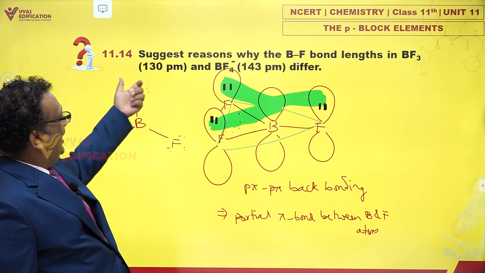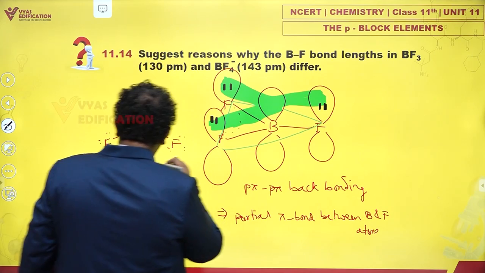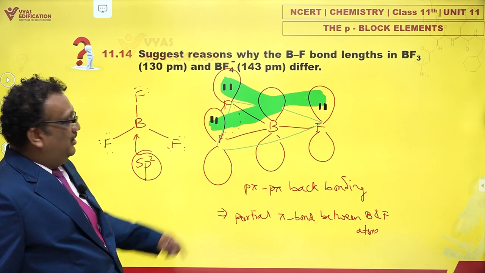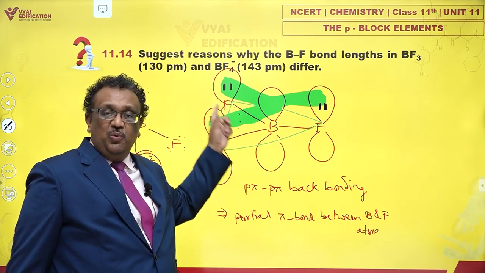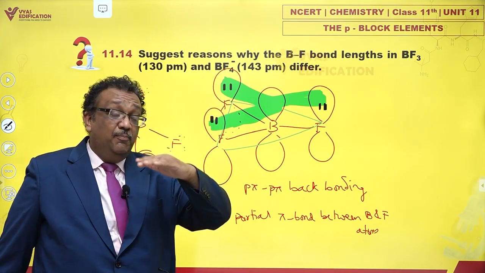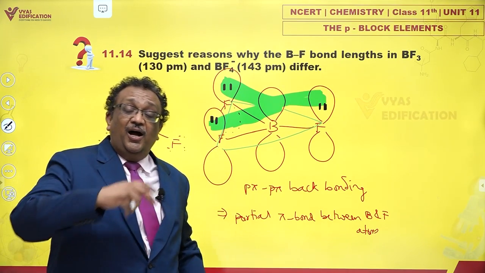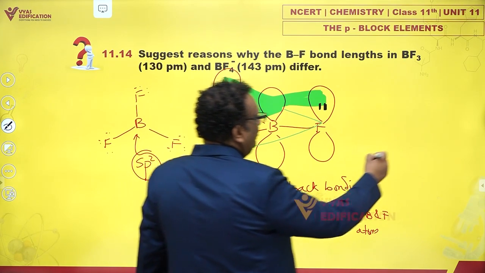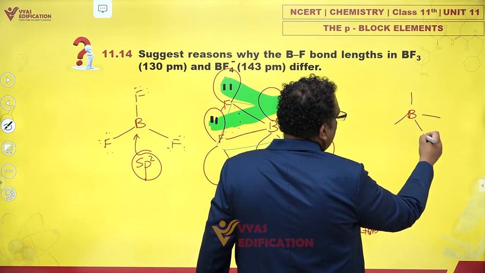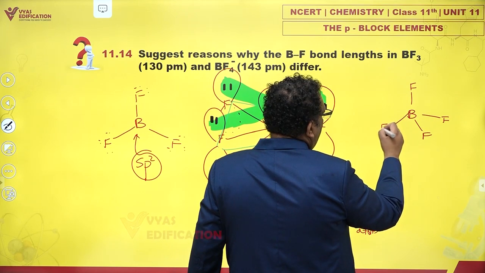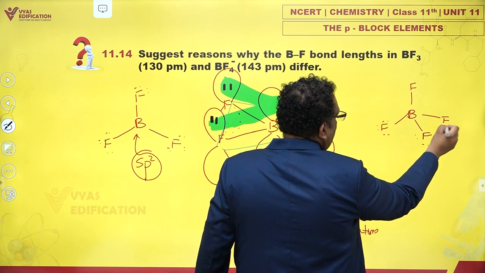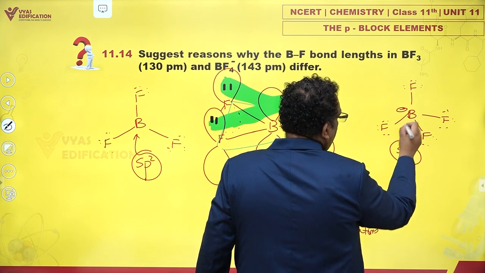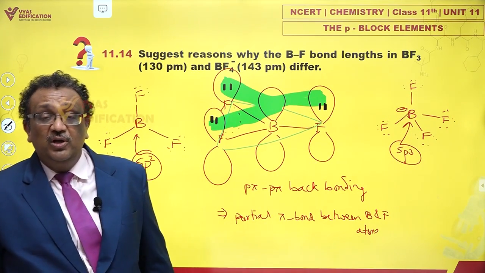So first of all, this boron is sp2 hybridized, yes. And this bond order is not just one. Because of this back bonding, the bond order has become more than one, and higher the bond order, shorter is the bond length. In case of BF4 minus, please note that the hybridization of boron is sp3.